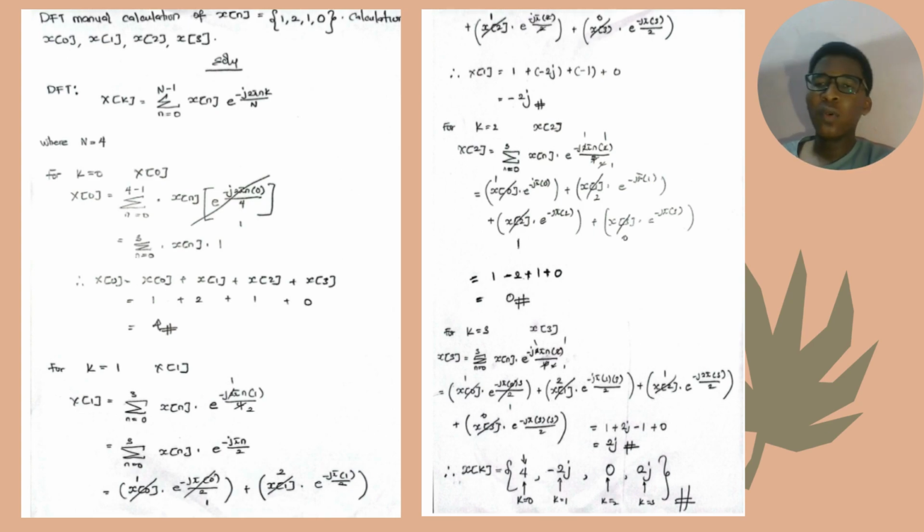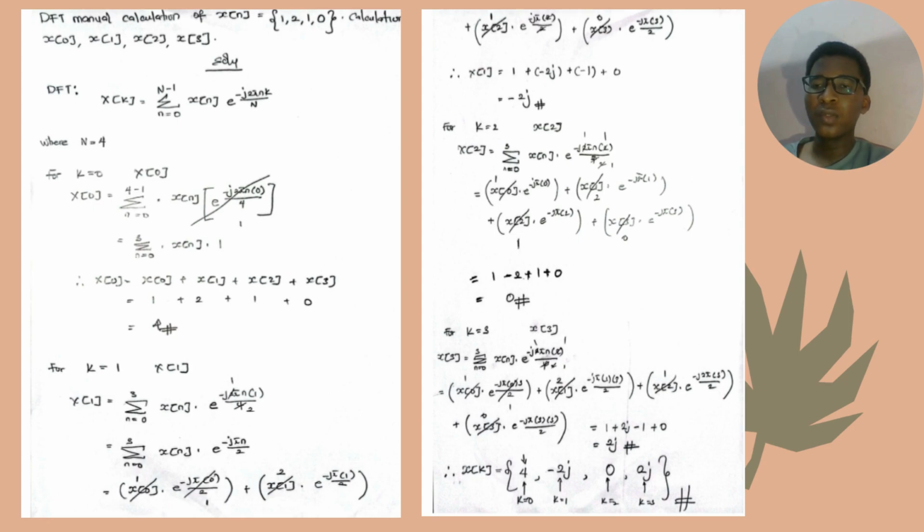For the calculation, we use the equation X[k] equals the sum from n equals 0 to N minus 1 of x[n] times e to the power of minus j 2 pi nk over N. So we have N equals 4, which is the length of x[n].